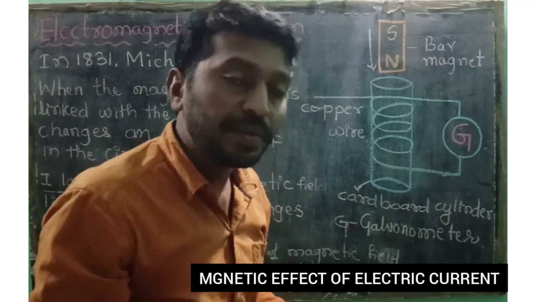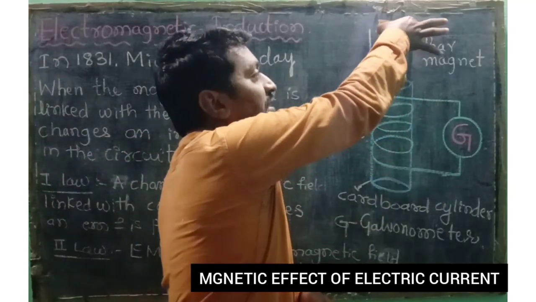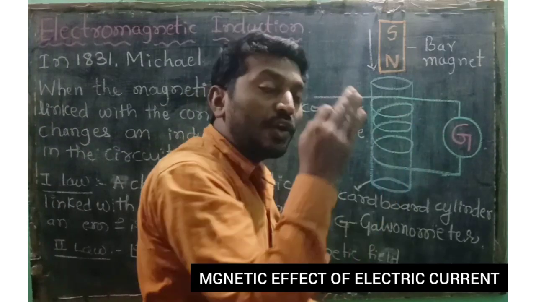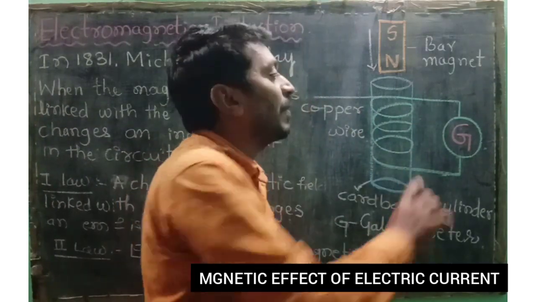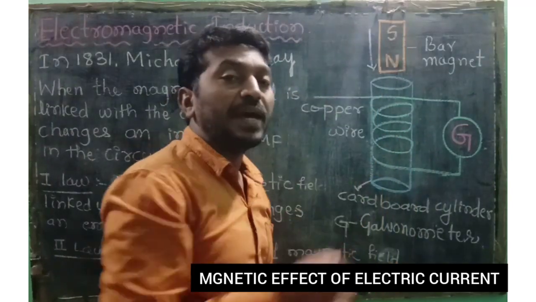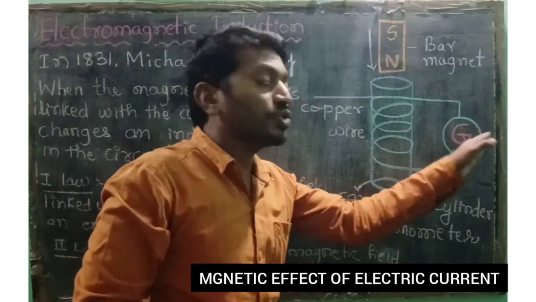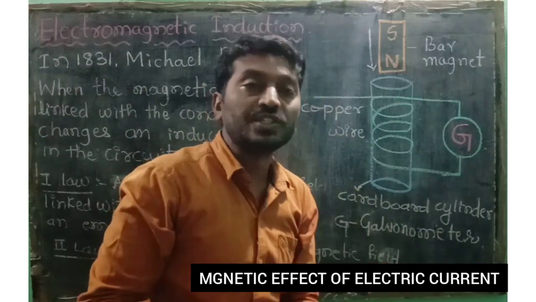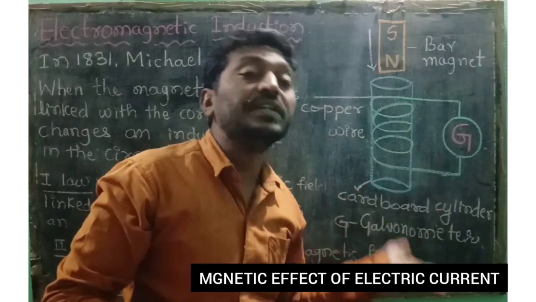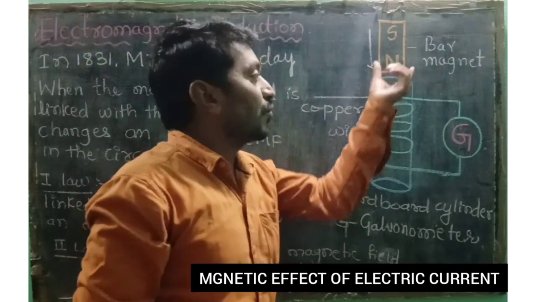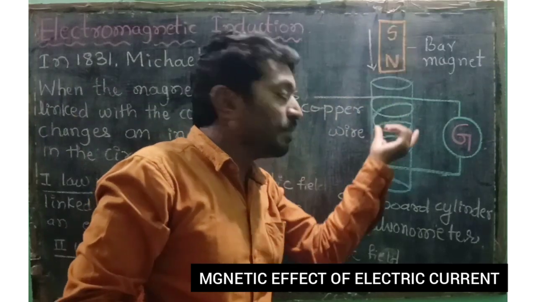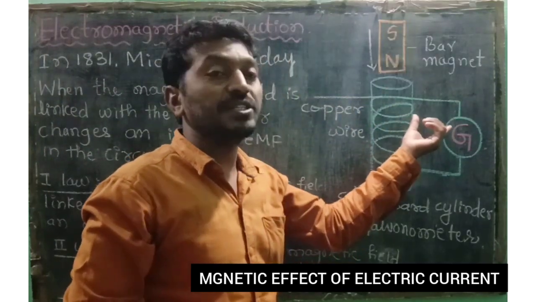Once more I'll repeat, my dear students. When he thrust the magnet into the coil, the galvanometer showed a deflection from left to right. When he pulled the magnet out of the coil, it showed a deflection in the opposite direction. Later, he repeated this activity. When he increased the speed of the magnet into the coil, the deflection was more.